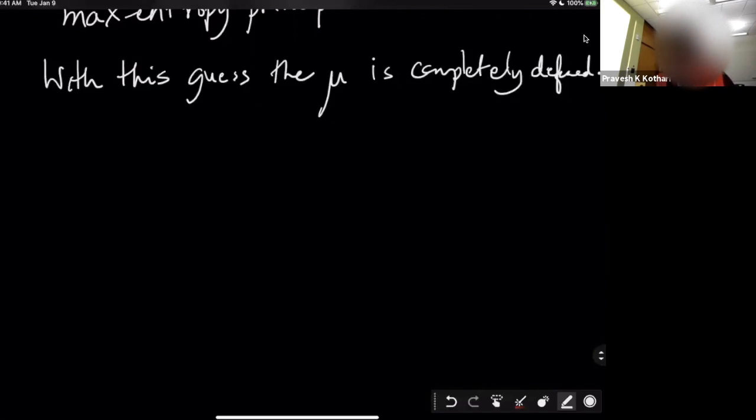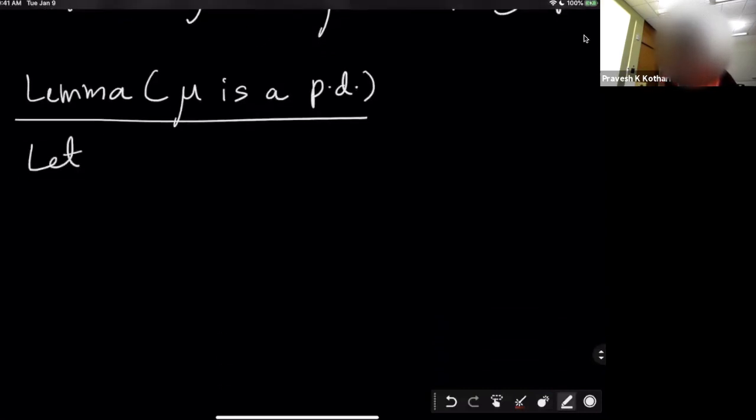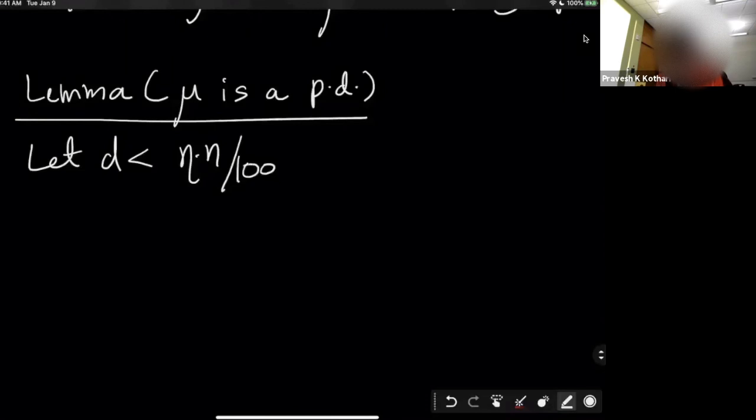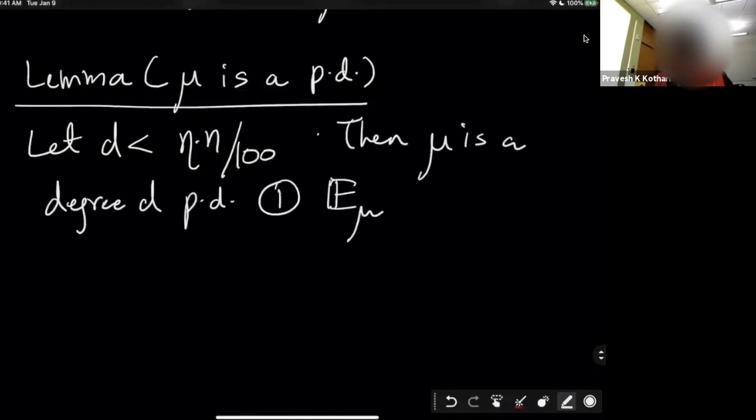The last remaining point. Oh, I guess there should be only one theorem, so let's call this a lemma. So remember, D is this number which is smaller than some sufficiently large constant, smaller than the threshold for my expansion. Then mu is a degree D pseudo distribution that satisfies the pseudo expectation of 1 is 1.